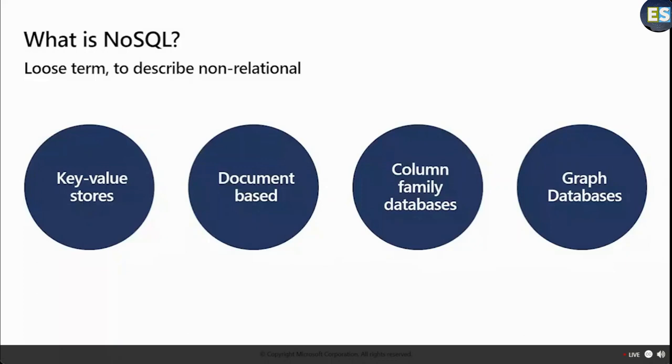So in most column family databases, the column families are stored separately, and the data for a single entity that spans multiple column families will have the same row key in each column family. One of the most widely used column family database management systems is Apache Cassandra, and Azure Cosmos DB actually supports the column family approach through its Cassandra API.